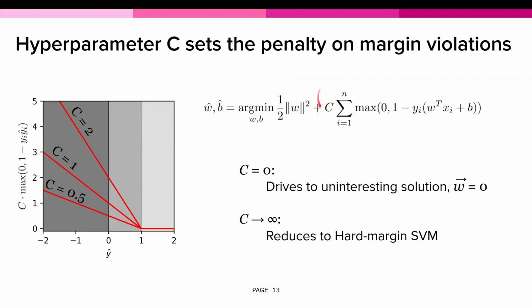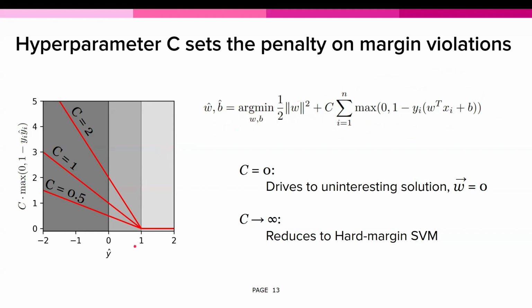We've also got this new hyperparameter C, so let's take a closer look at what it does. The soft margin SVM objective function is shown here again at the top. C multiplies the sum of hinge losses, essentially scaling the penalty associated with margin violations and misclassifications.